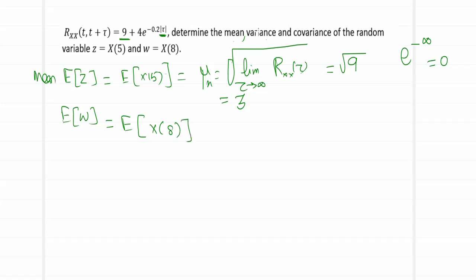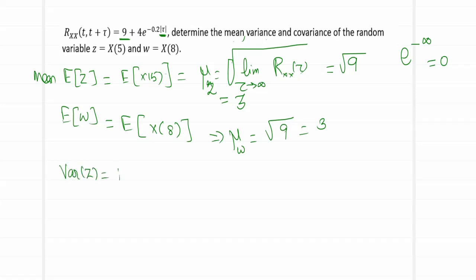This tau, when I allow it to tend to infinity, will give my mu. This is going to be mu z. Again, mu for W will also be the same, square root of 9. Hence, it will be equal to plus or minus 3. Now, moving on to variance of Z.